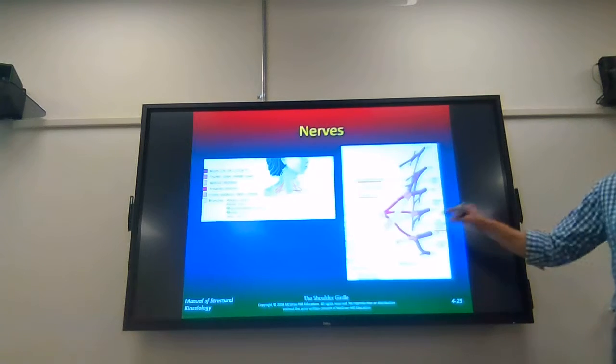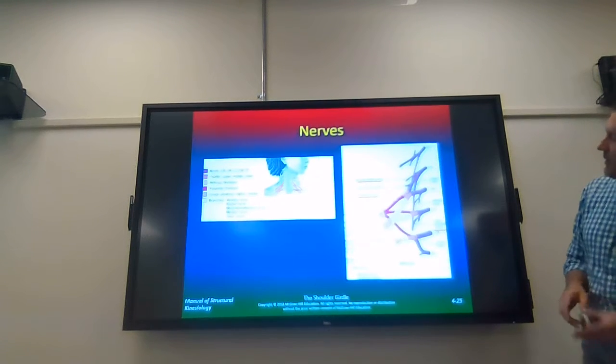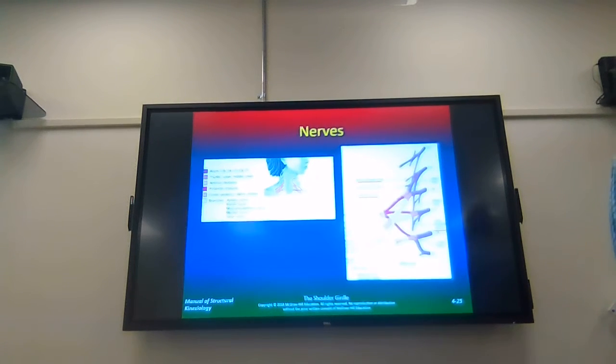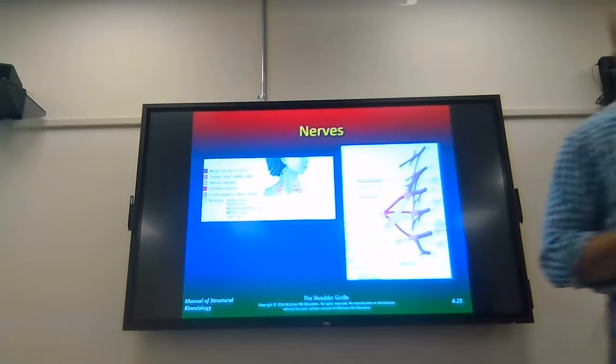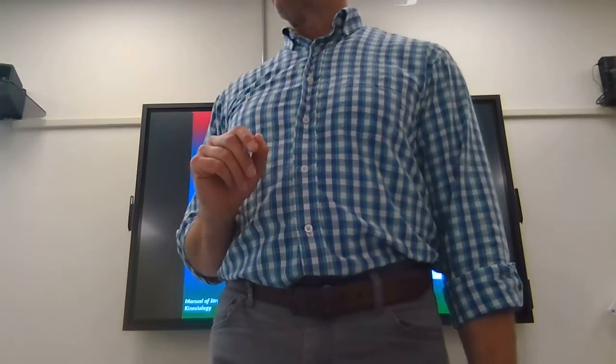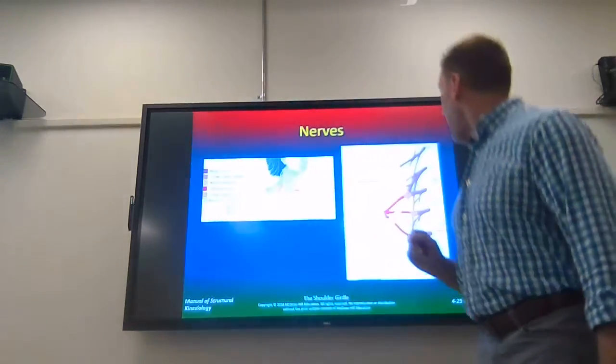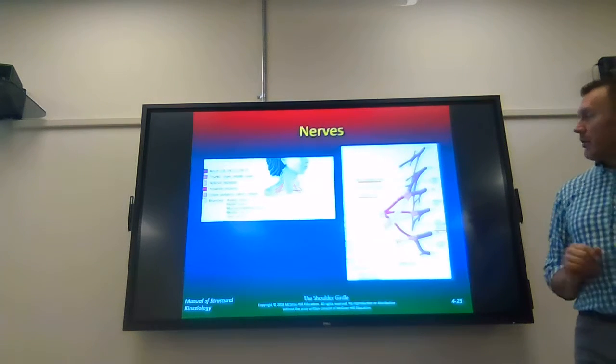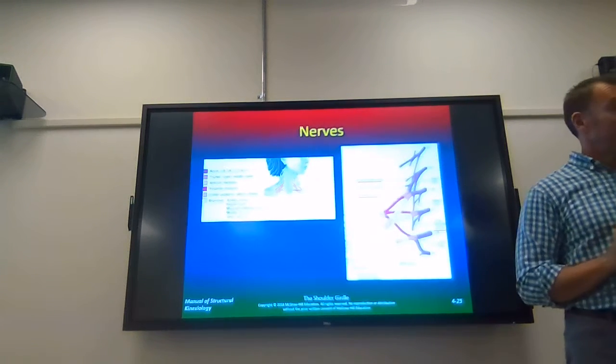Okay, so long thoracic nerve. This comes all the way down, can you see? Follow it up and see if you can identify where it comes from. What's its nerve root? C5, yeah. So that innervates the serratus anterior. Serratus anterior with two R's. The serratus anterior is innervated by the long thoracic nerve.